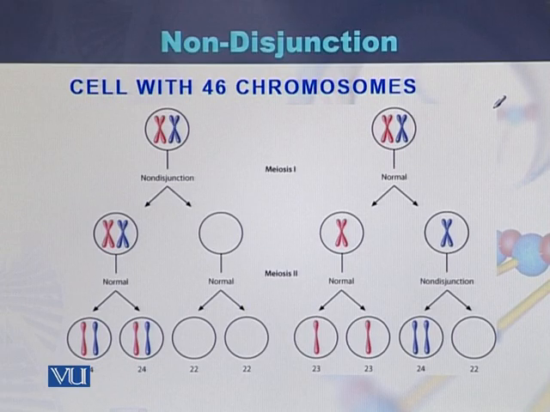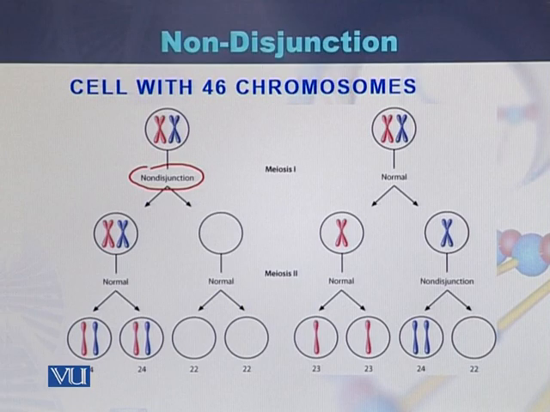This is a cell with 46 chromosomes. Consider that this cell has 46 chromosomes initially. As a result of non-disjunction, one of the cells will have both the chromosomes, while the other cell will be lacking the chromosomes.